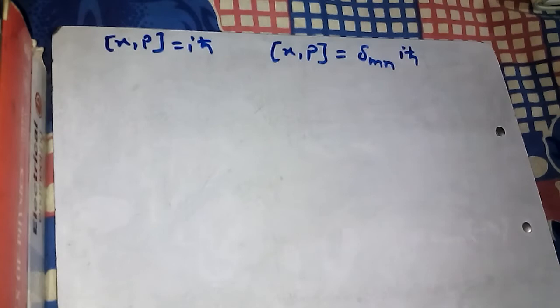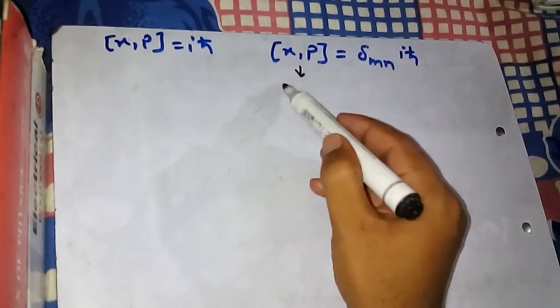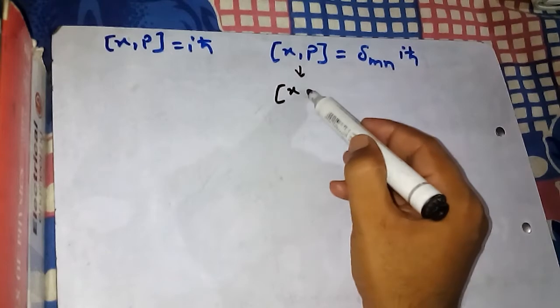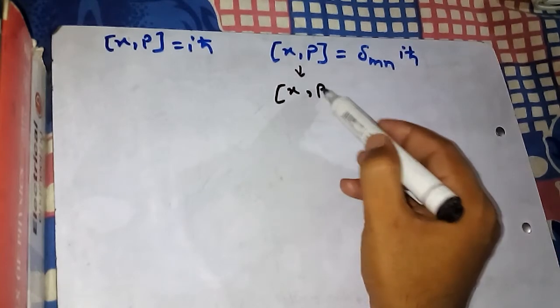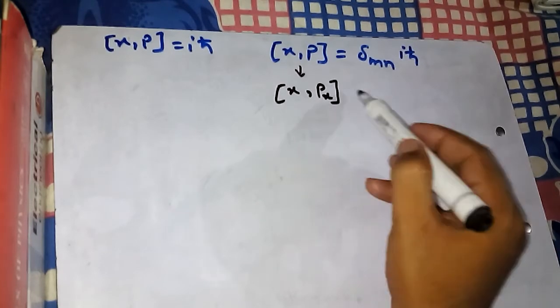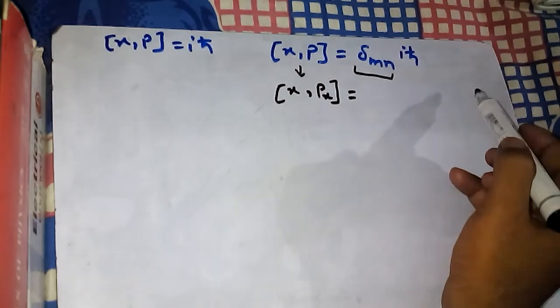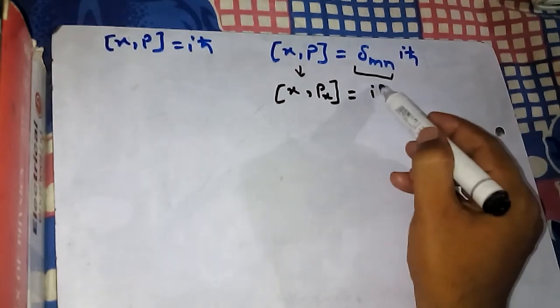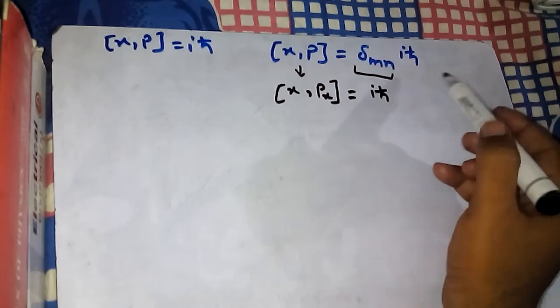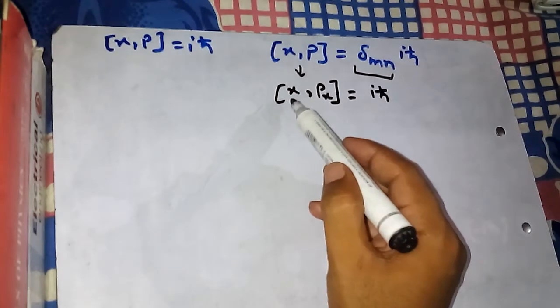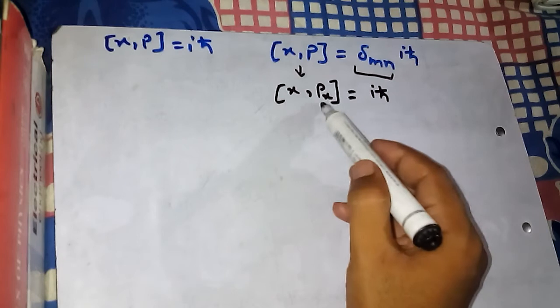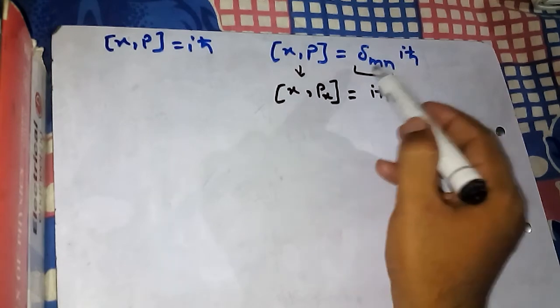It means that when we have x component of position and x component of momentum, then this quantity is equal to 1 and we have iħ. Since the components are same, it is the x component of position, it is the x component of momentum, so m equal to n.